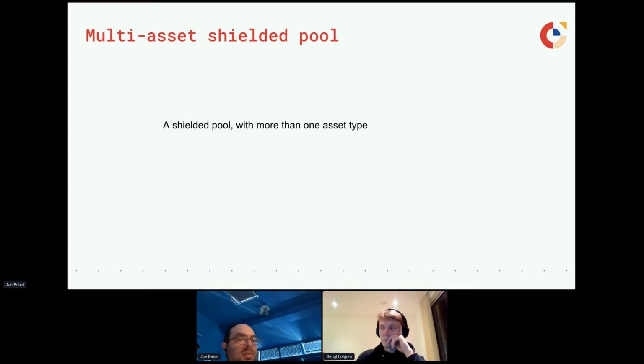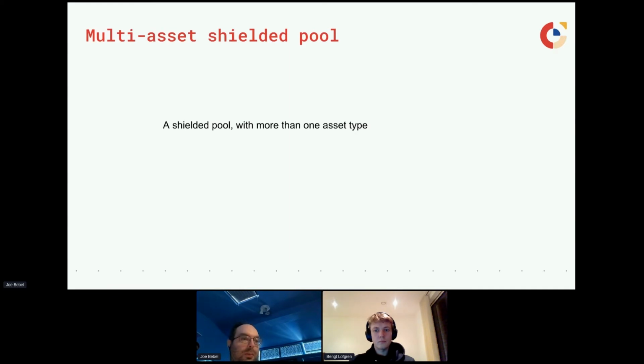But we're interested specifically in shielded pools that contain more than one asset type, which means that the asset type that's involved in each transaction is also cryptographically encoded in some way. And so the properties of the asset are checked inside of a zero-knowledge proof, and you don't have external or transparent knowledge of which asset type was involved in each transaction.